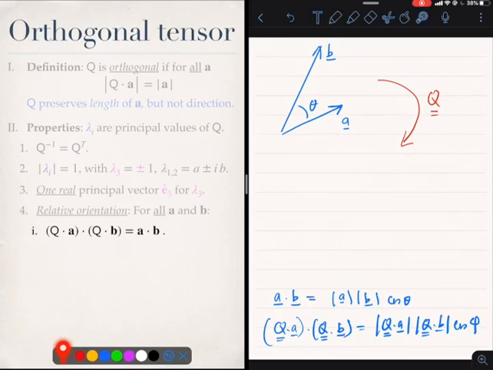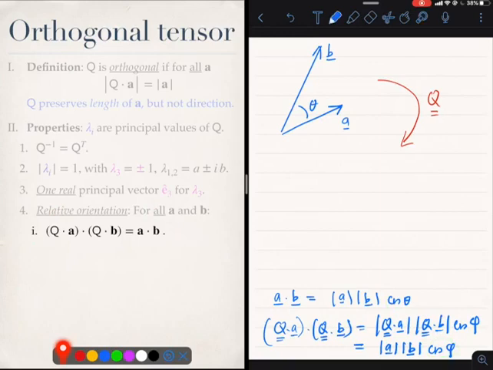But we know that |QA| and |A| are the same, that's the basic property of orthogonal tensors, so this becomes |A||B| cosine phi. This equality says therefore that cosine theta and cosine phi must be the same.